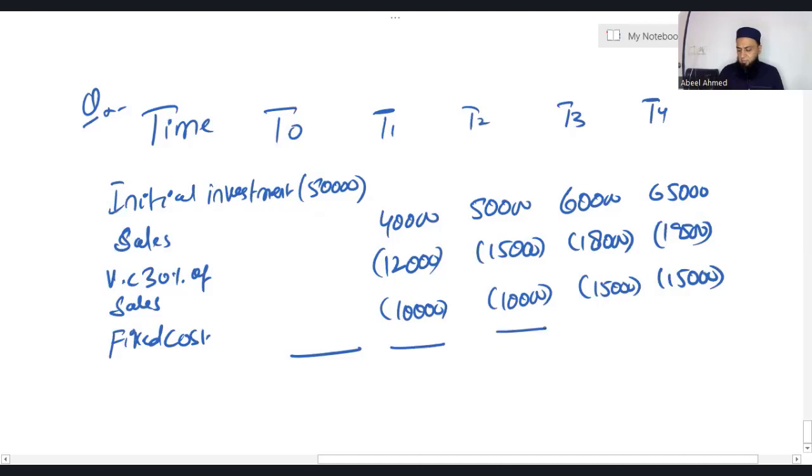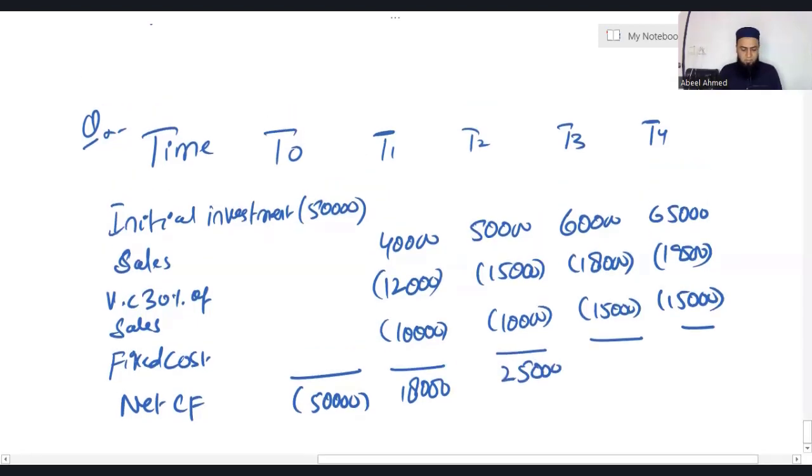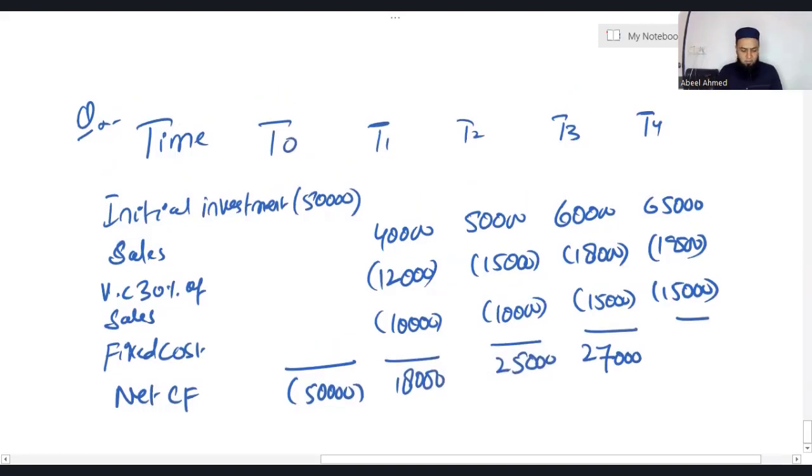Assuming we don't have any other cash flows, let's see the net cash flows. 40,000 minus 12,000 minus 10,000 gives me 18,000. 50,000 minus 15,000 minus 10,000 is 25,000. 60,000 minus 18,000 minus 15,000 is 27,000. 65,000 minus 19,500 minus 15,000 is 30,500.